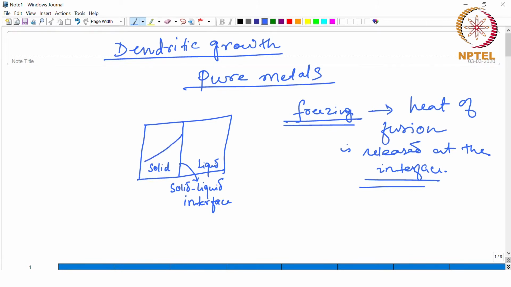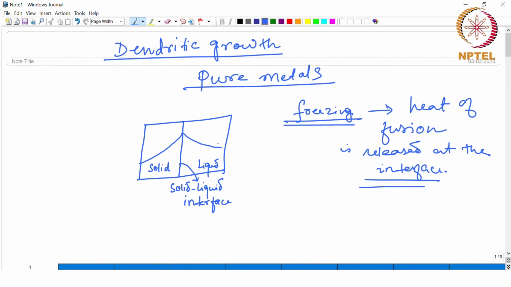Towards the solid anyway, this is going to decrease as you increase the distance from the interface, because that is the heat transfer direction. But in the liquid also you will notice that the temperature will decrease as you increase the distance from the interface.